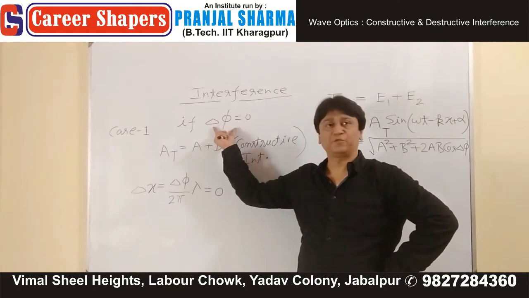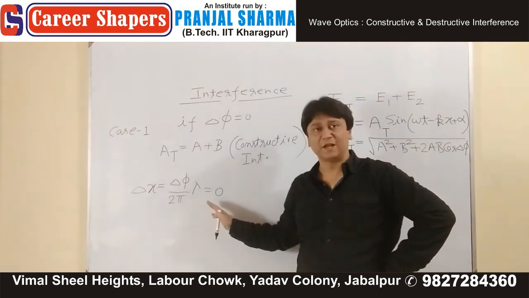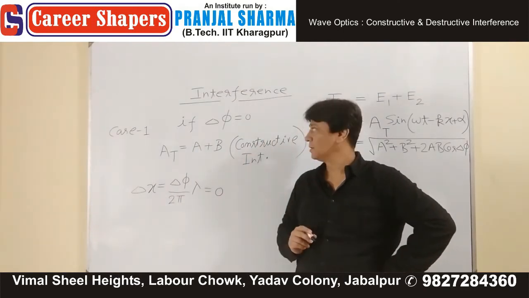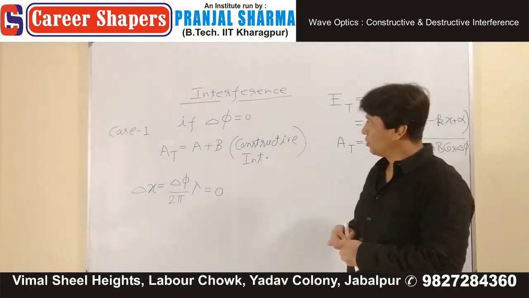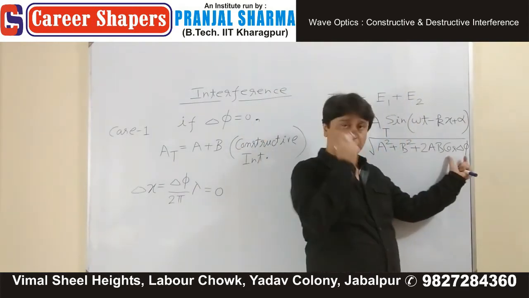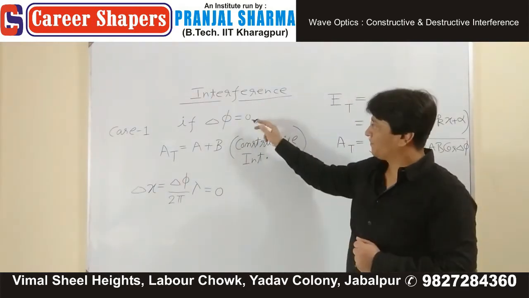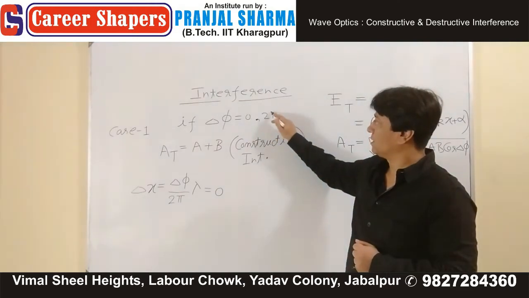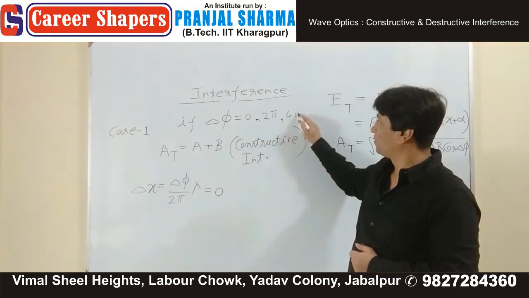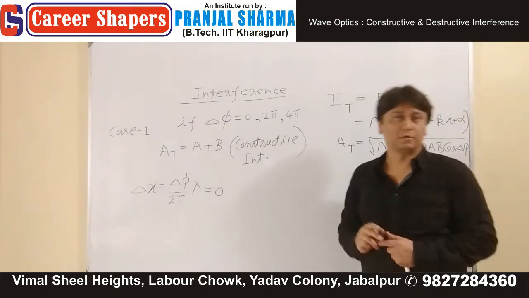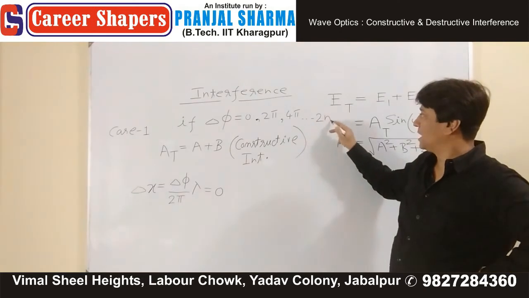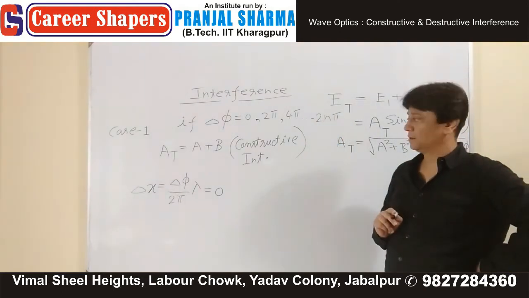When phase difference is 0, this equation is telling you that path difference is also 0. But now, you also know that delta phi, if it is 0, it will be cos 0 and will give you 1. But if after delta phi I go for 2 pi, which is 360, or I go for 4 pi, 6 pi and so on. In short, I can say 2n pi. Look here.